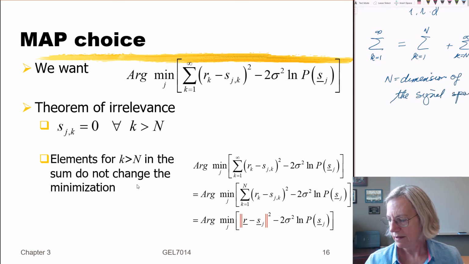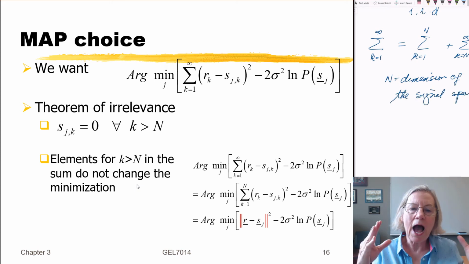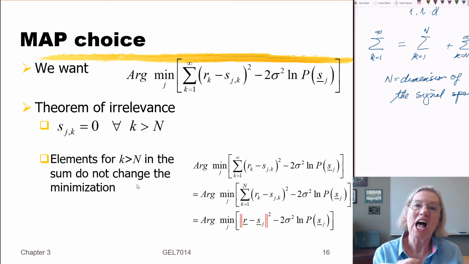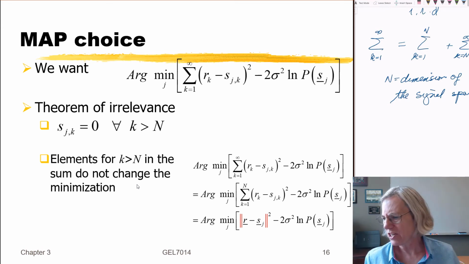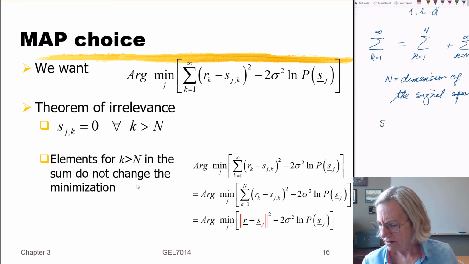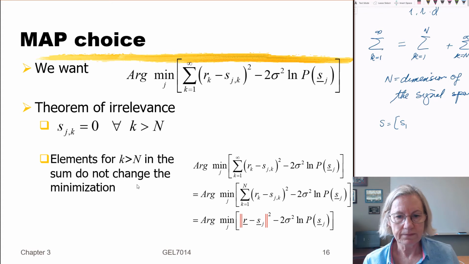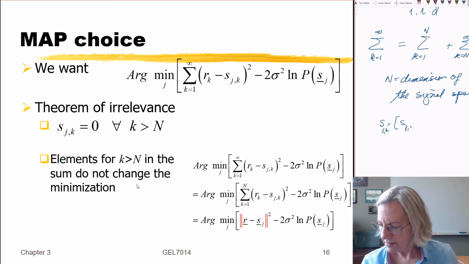What does that mean? The dimension of the symbol space means how many elements there are that are non-zero in the symbol vector. So the symbol vector, remember, is symbol J1, symbol J2, symbol JN, and then after that, they're all zeros. And this is by construction.